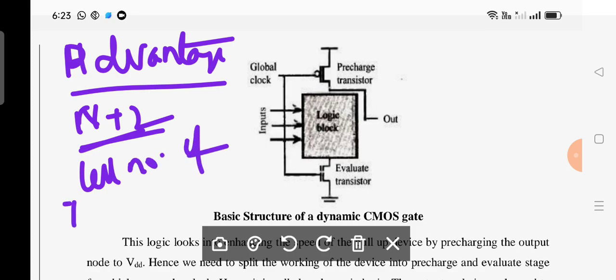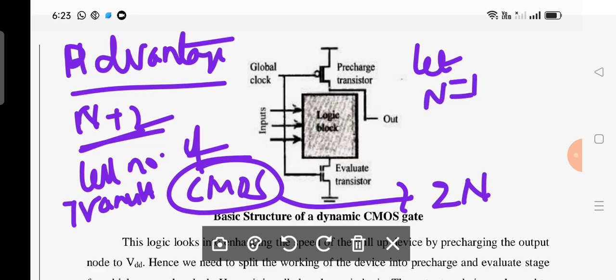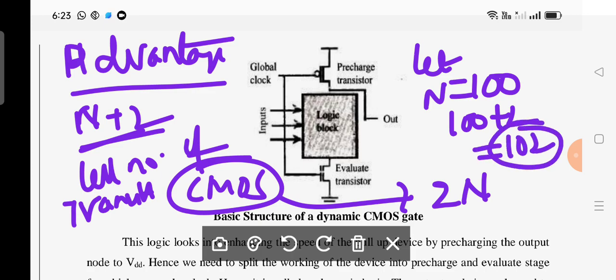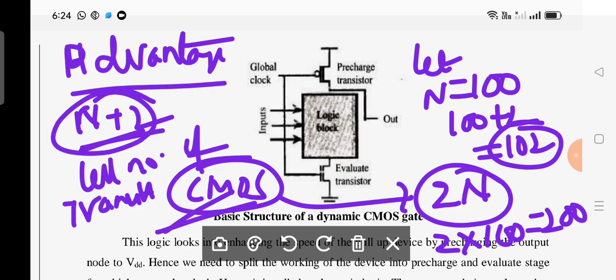Less number of transistors when compared to whom? Absolutely CMOS. Now will you please tell me how many transistors the CMOS required? 2 into n number of transistors. Let n is equal to 100. Now in dynamic CMOS, 100 plus 2, that means 102 transistors are required, whereas in CMOS 2 into 100, that means 200 transistors are required. Therefore dynamic CMOS is best when compared to CMOS.